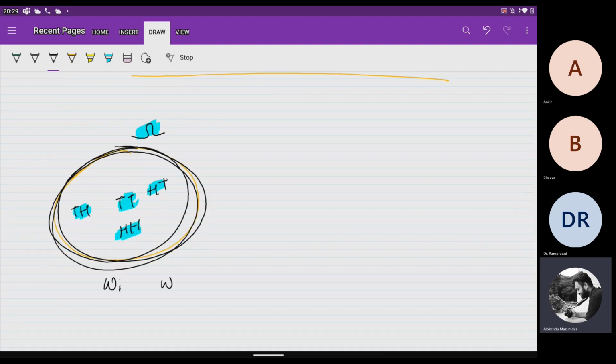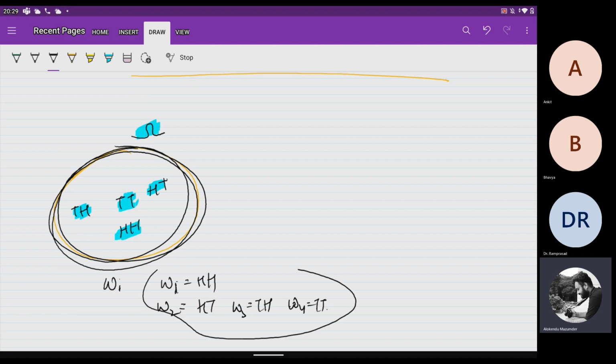Like let omega 1 be hh, let omega 2 be ht, omega 3 be th, omega 4 be tt. So you denote the elements of the sample space as omega i. And when you apply a random variable x on there, let's say number of heads, it will map onto the real line, to 0, 1, 2.